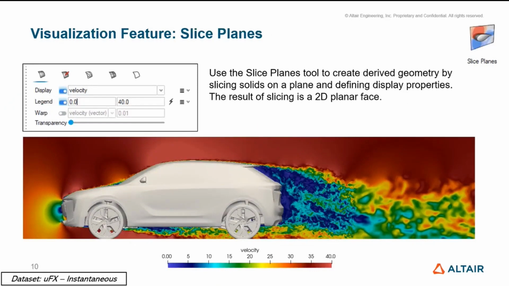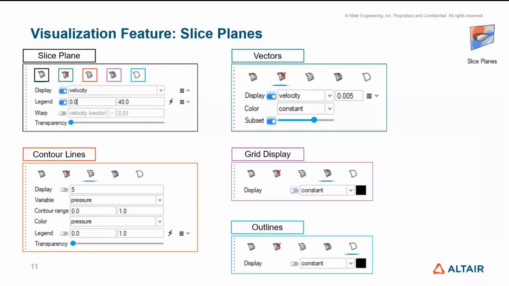I tried to make an example out of slice planes to show that yes, you have your basic slice plane, but there are also individual display properties that we can add to enhance that item or highlight certain features of that slice plane. First off, we have a slice plane showing the instantaneous velocity in the wake of that vehicle. If I wanted to add additional information, I can change the slice plane properties, including the legend and the warping of that velocity surface.